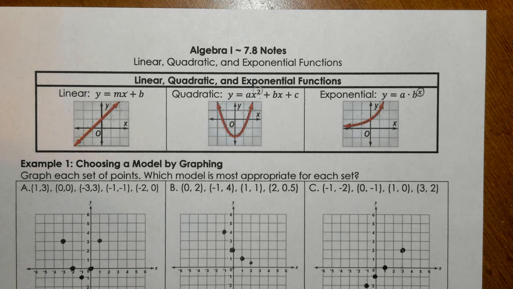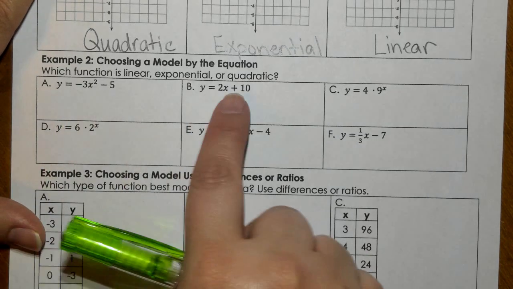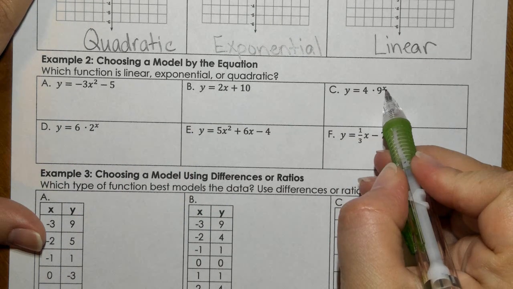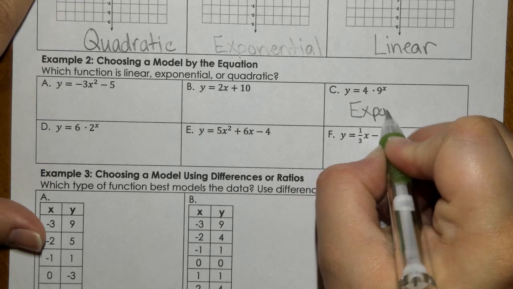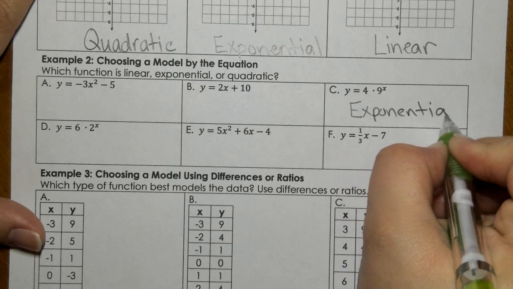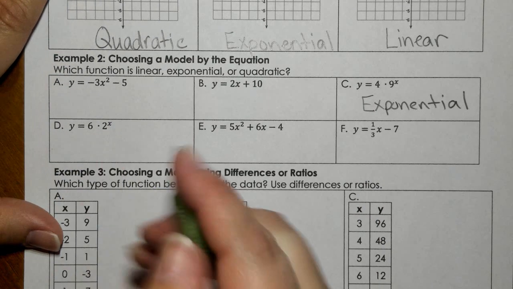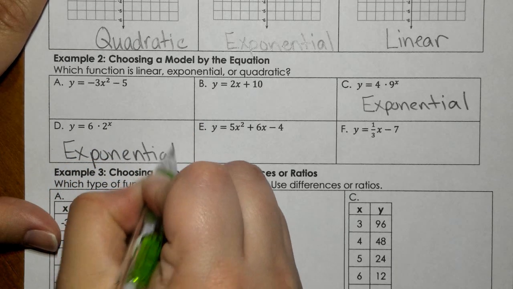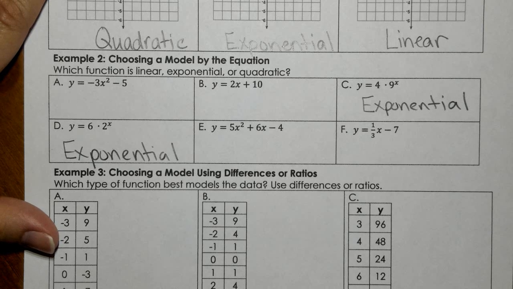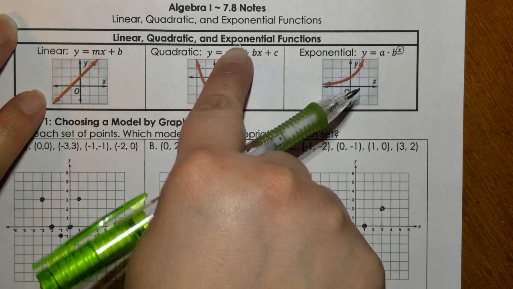Okay, so knowing these different features about the problem helps you identify what they are. So it is very easy to figure out, well, which problems have an x exponent. Okay, down here I see that I have an x for the exponent here, so letter C would be exponential. Okay, and D would be exponential. It has that x for the exponent again. Then I'm looking for quadratic because that characteristic is easy to find, x squared.